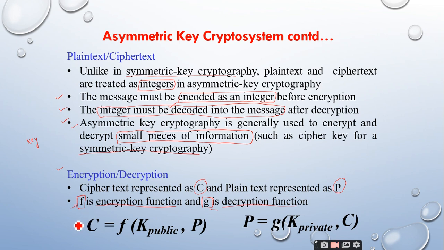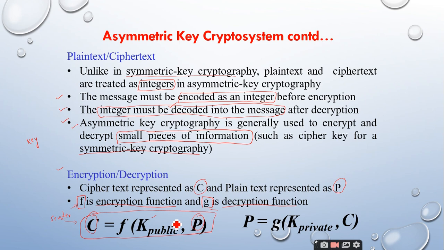So the ciphertext, tell me what is this one? Is it an encryption function or decryption function? Encryption function. This is encryption and this is done at the sender side, right? So you have a plain text, you need to generate a ciphertext. But you have to apply a function F on the plain text along with the public key.